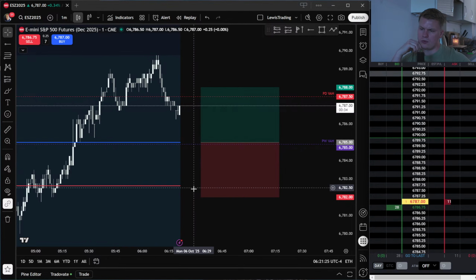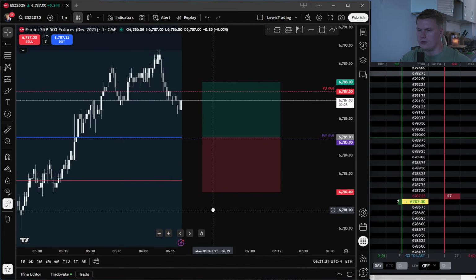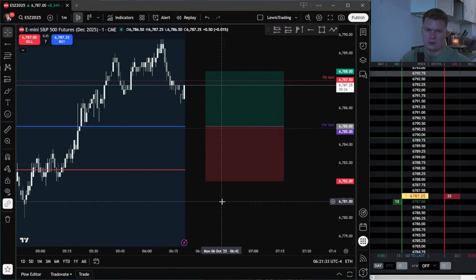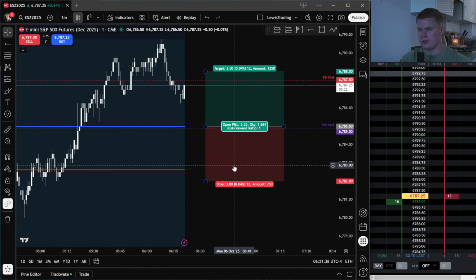Be a real shame if it goes straight through it, though. That would be a real shame. But point of control is down there as well, so it should just make things either guaranteed to get stopped out or hopefully come back up.